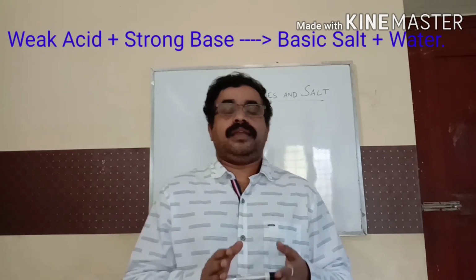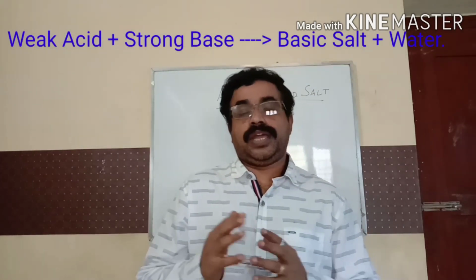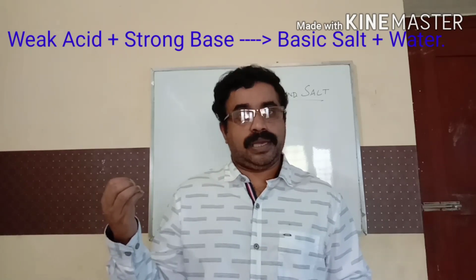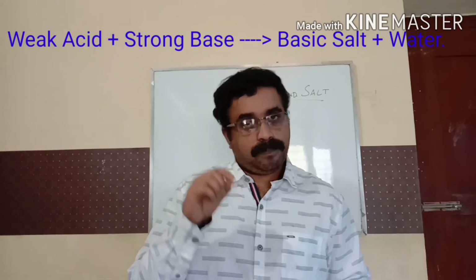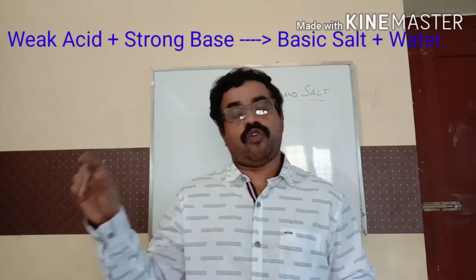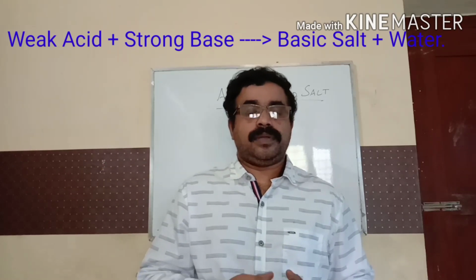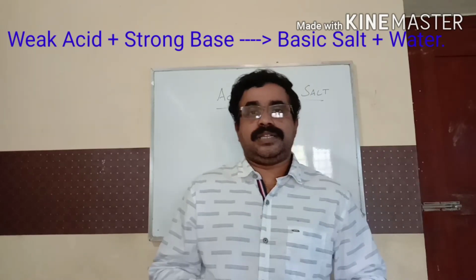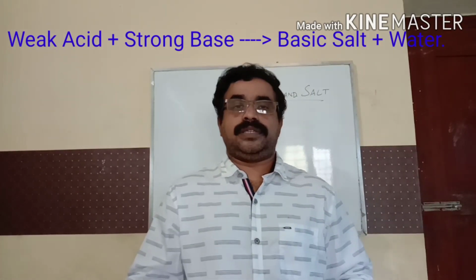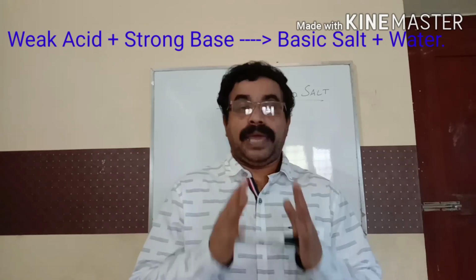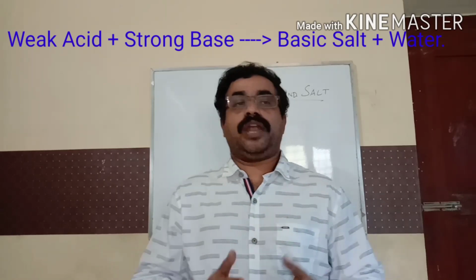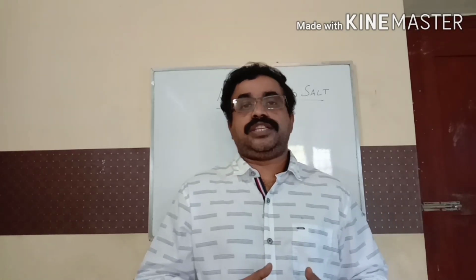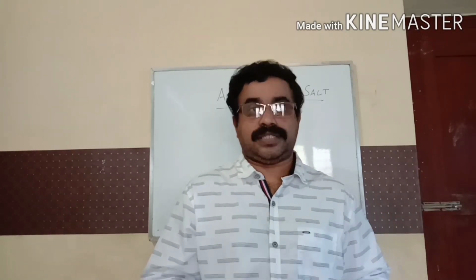Next, when a weak acid reacts with a strong base, the salt obtained will be basic salt plus the byproduct water. For example, acetic acid, CH3COOH, is a weak acid.